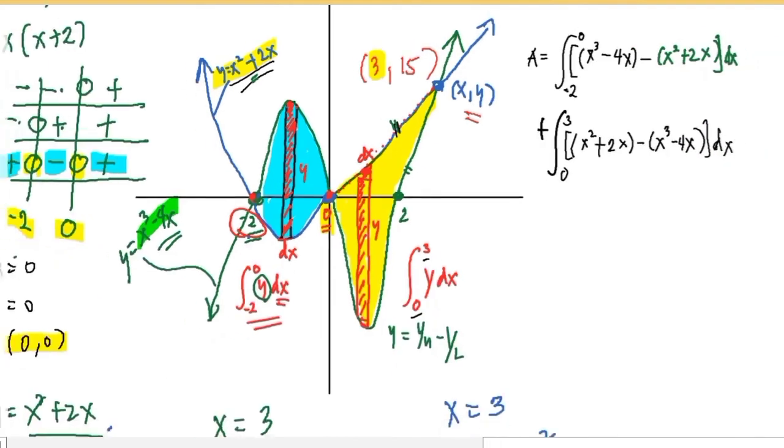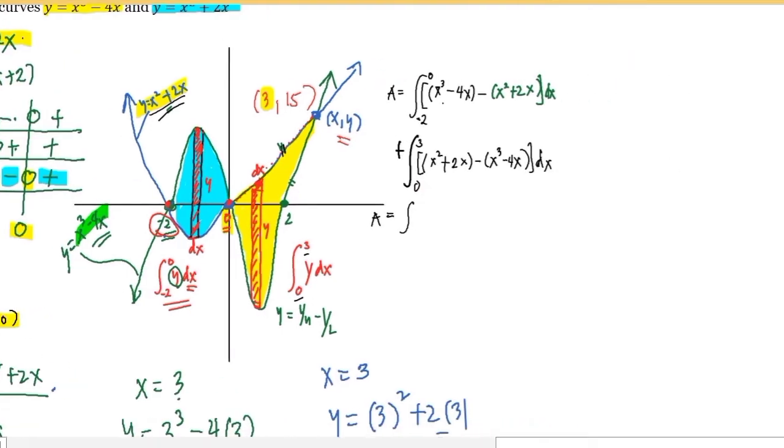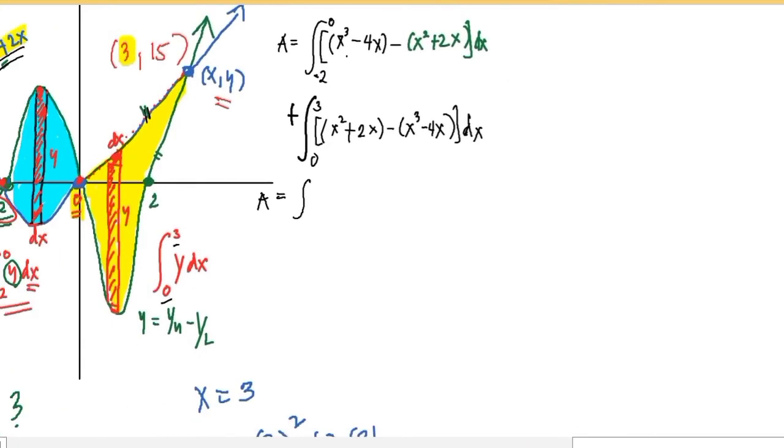So, evaluate natin yung integral natin. We have our area is equal to, para mas madali natin siyang ma-integrate, ang gagawin natin ay i-simplify muna natin. Since nasulat naman natin yung equation, isusulat ko na siya ng straight.